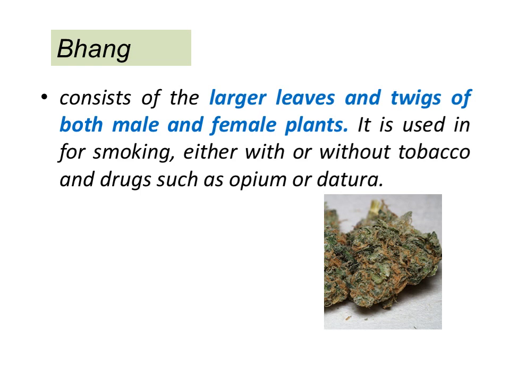So here the bhang collects the larger leaves and twigs of both female and male plants, so the active constituent is going to be much less than in hashish. It is used for smoking, either with or without other plants such as tobacco, opium or datura.